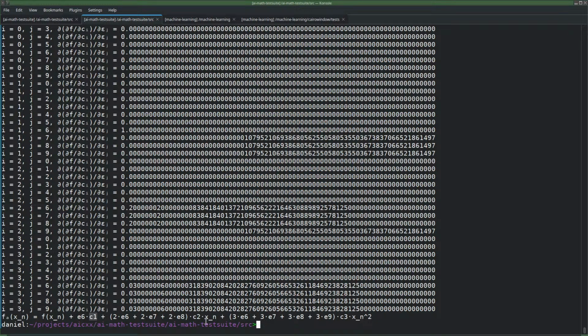C2 is that xn to the power 2 minus 1. And here as well, 2 is 1 less than 3. So that's correct. And since it's derivative, we begin with E6. And then the next one has added 2 of them, E7 and E8, and the next one has added the last one. So this is exactly correct.